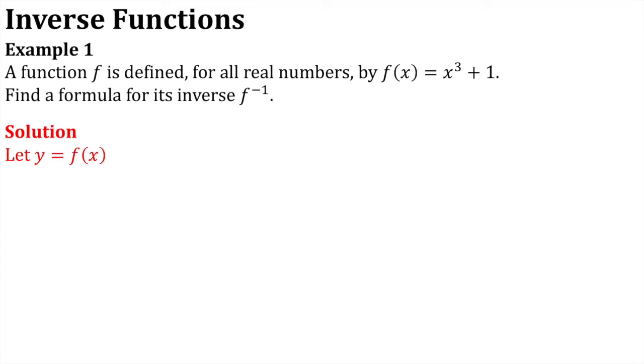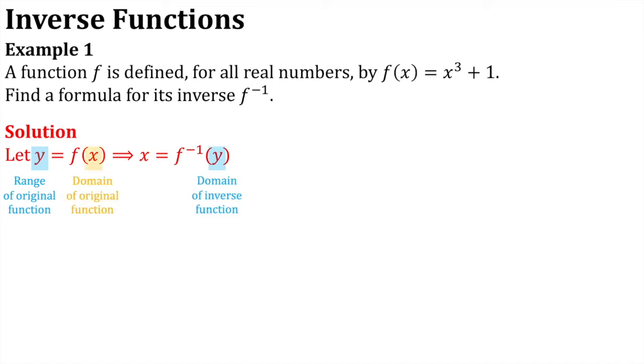So we start by saying let y equal f of x, which implies then that x is equal to the inverse of f of y. Now remember, that comes from the fact that y is the range of the original function, but the domain of the inverse function.